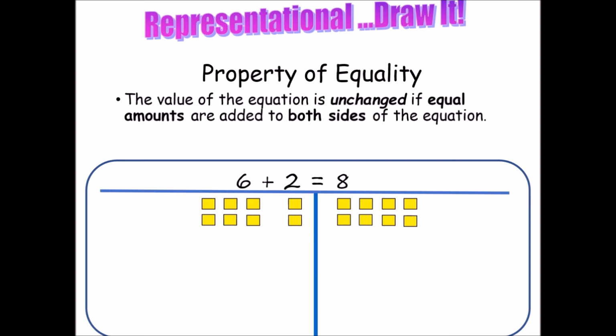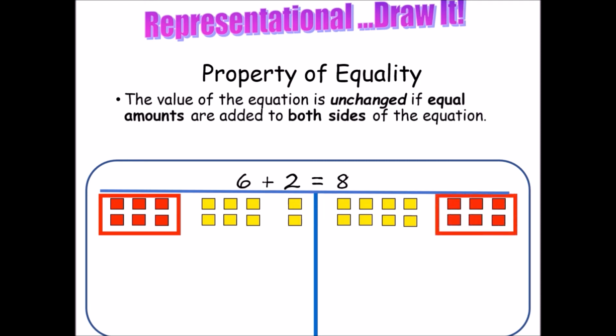In our last example, still using the equation 6 plus 2 is equal to 8, let's consider adding in a negative 6 on the left side. And of course, the same operation on the right side, adding in a negative 6.